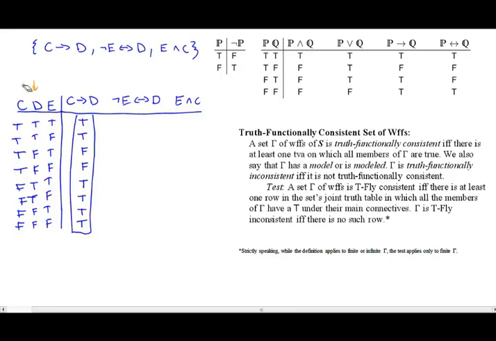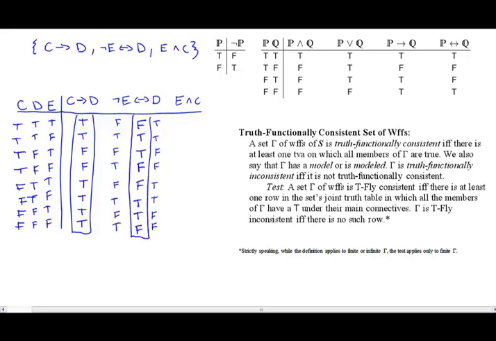Now, for the second one, we need to pay attention initially to the E and the D column. E alternates TF, TF, so I'm going to put under the hook here. Now, taking those two columns into account, we're looking for places where they match for a true or do not match for a false. So we'll have a false there, true there, true there, false there, false there, true there, true there, false there.